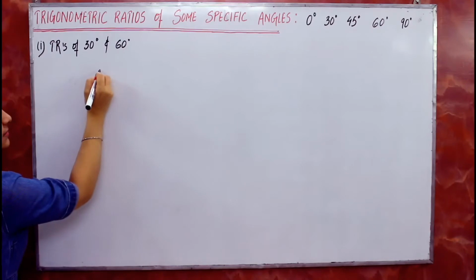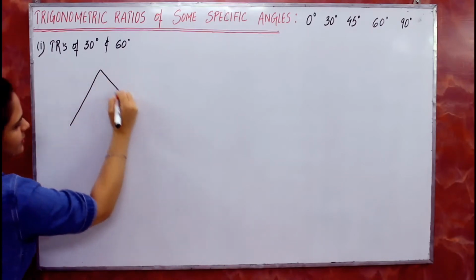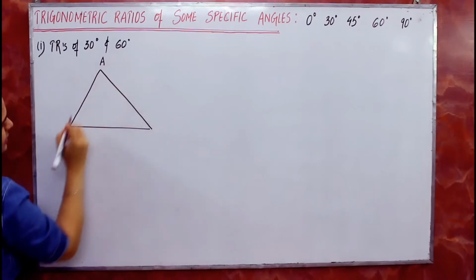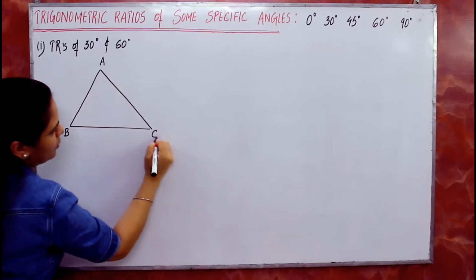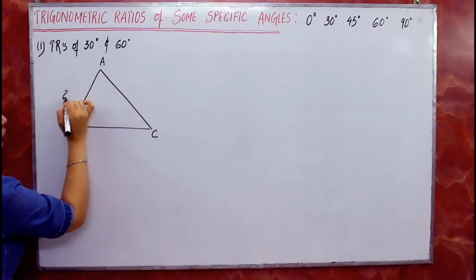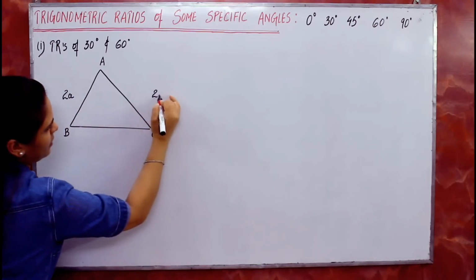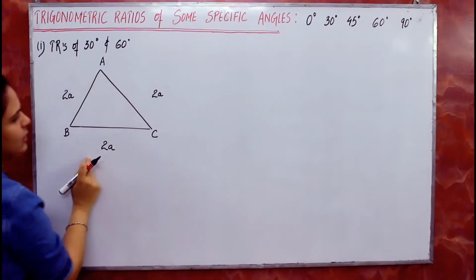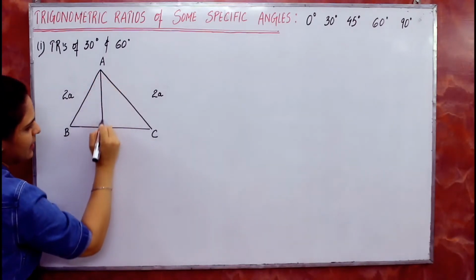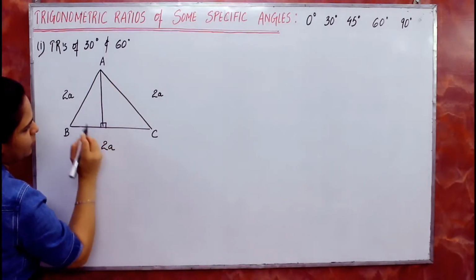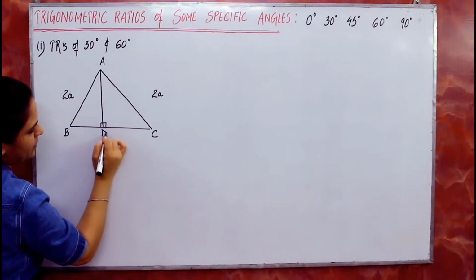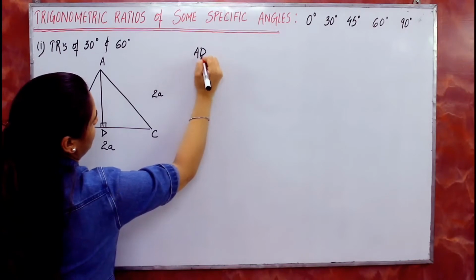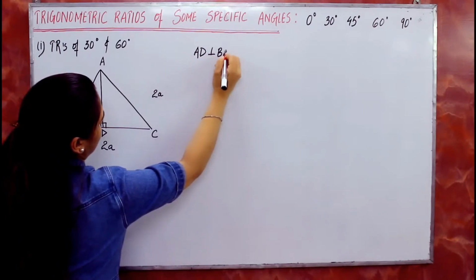For that, we will consider an equilateral triangle ABC with each side equal to 2a. Now from point A, I'll drop a perpendicular on side BC, and let this perpendicular be AD. So we have AD perpendicular to side BC.